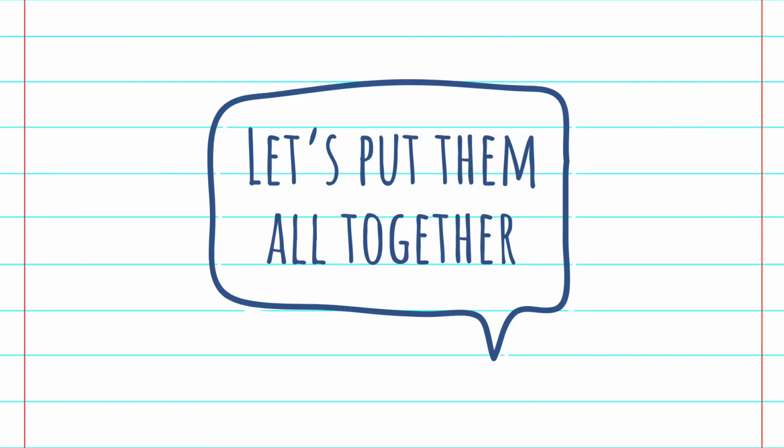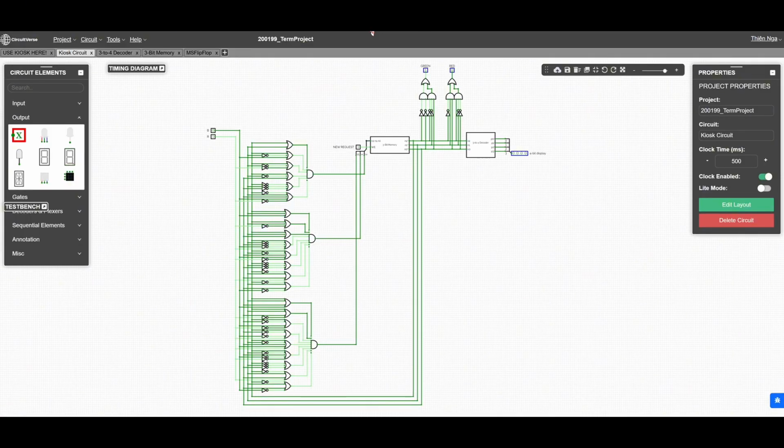Now let's put them all together. So let's come to our real circuit. Here is the entirety of the circuit where we have input B and R over here and a feedback loop of N2, N1, and N0 going back into our logic circuits.